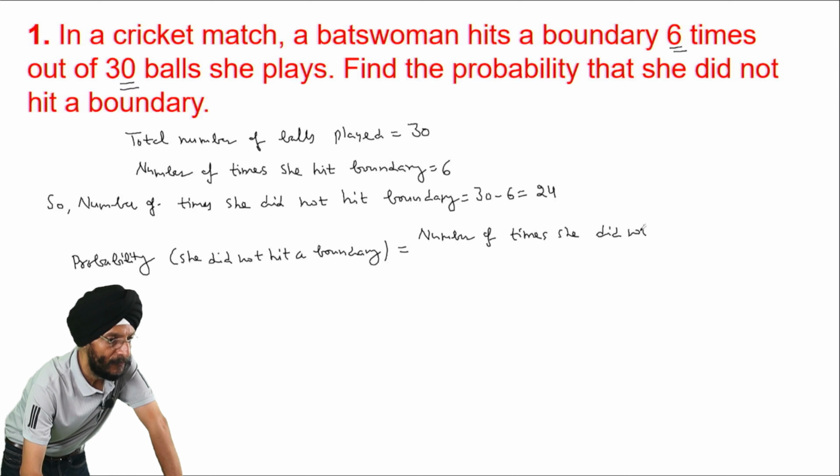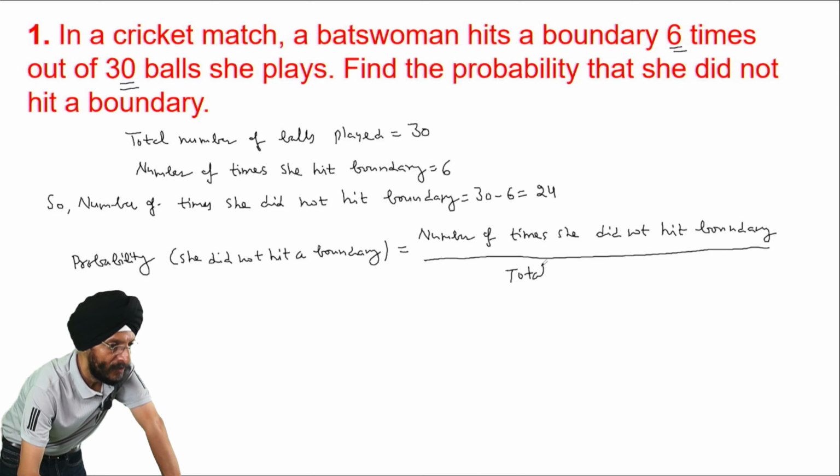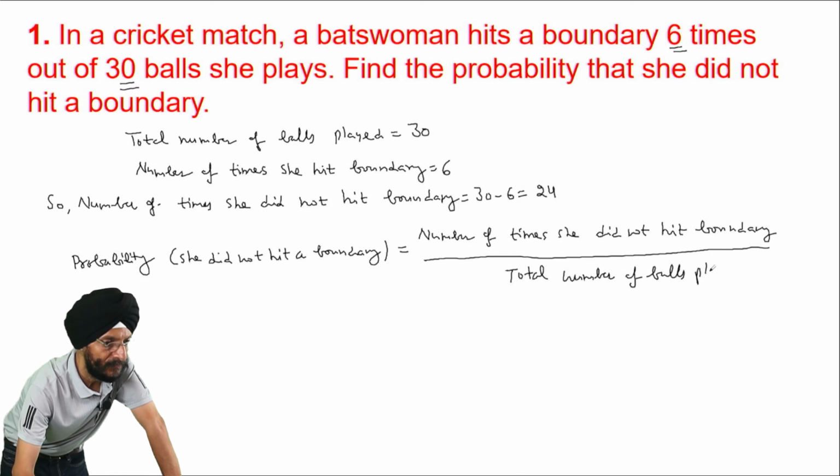She did not hit boundary divided by total number of balls played is equal to 24.